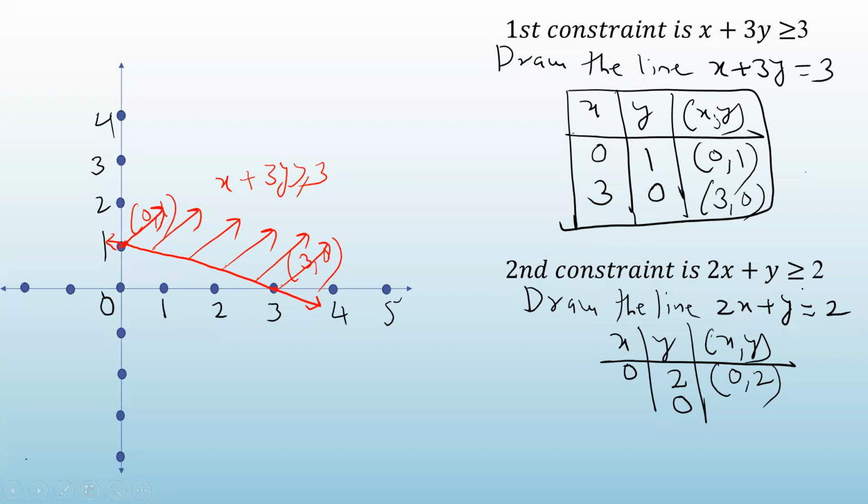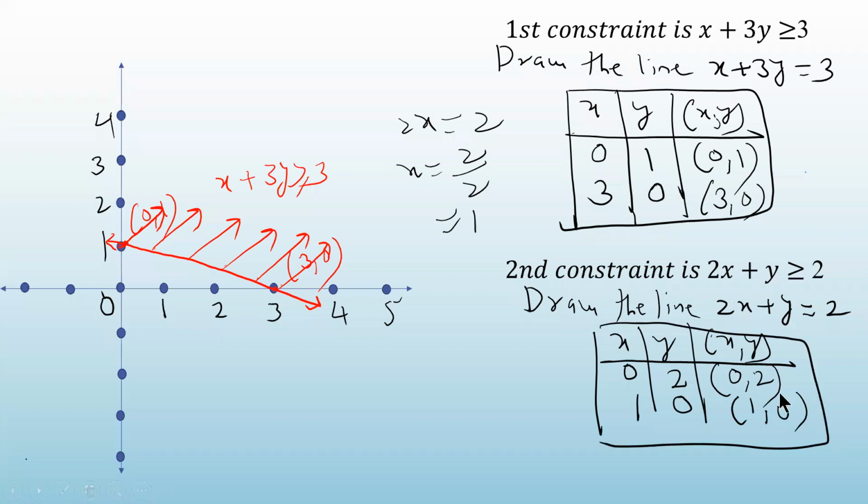This will become 0, so 2x is equal to 2. So x will be 2 upon 2, that is 1. So 1 and 0. These are the points which we are going to get: 0, 2 and 1, 0.